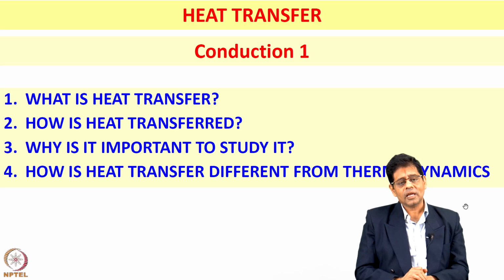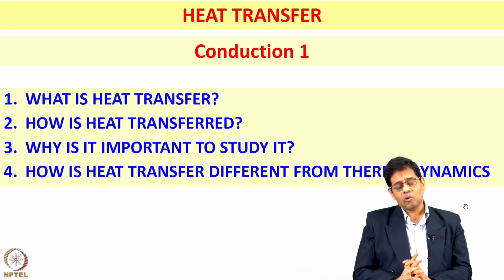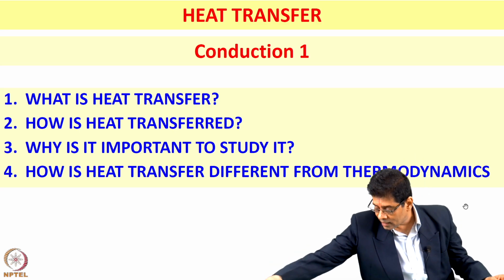So because it is so widely prevalent, we have to understand how heat is being transferred and why, and how is it different from thermodynamics. In thermodynamics, for example, we looked at the first law.